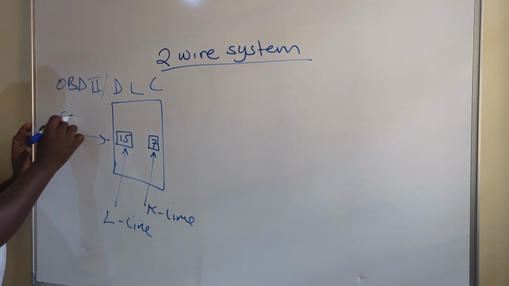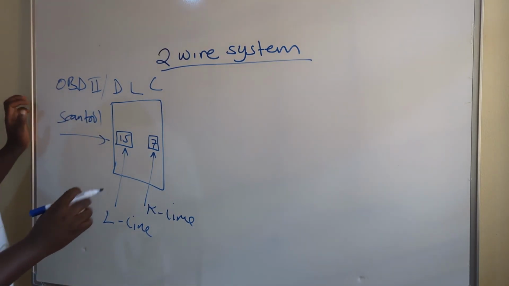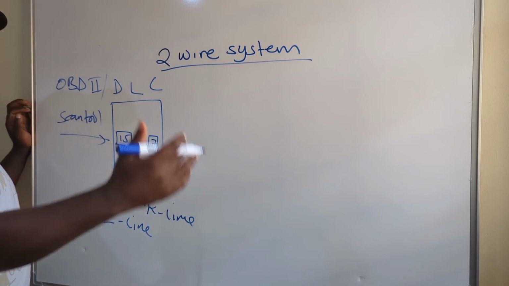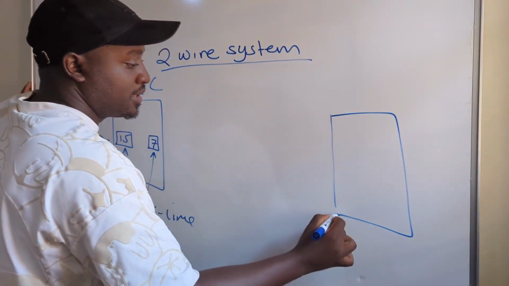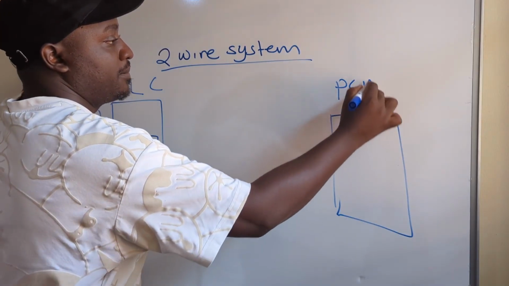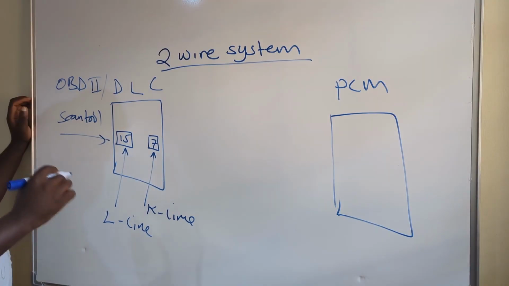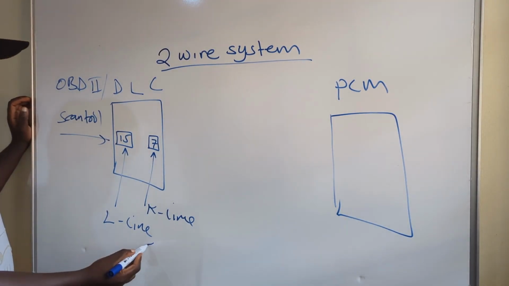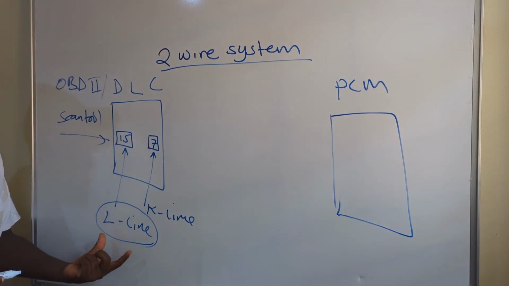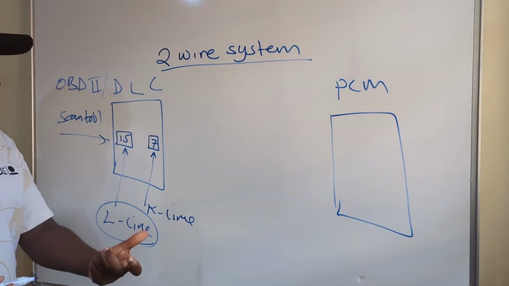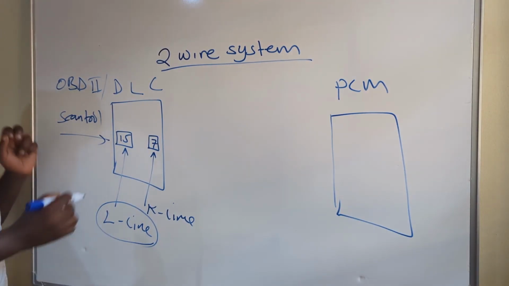So what happens when you connect your scan tool? When you have your scan tool connected here, it will attempt to communicate with a module. Let me take, for instance, we have the PCM, which is the powertrain control module. So what will happen in a two-wire system? The initialization or the wake up signal is transmitted via the L line.